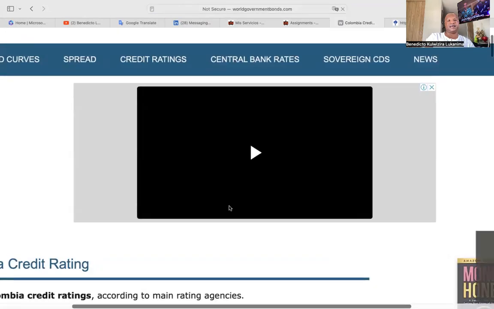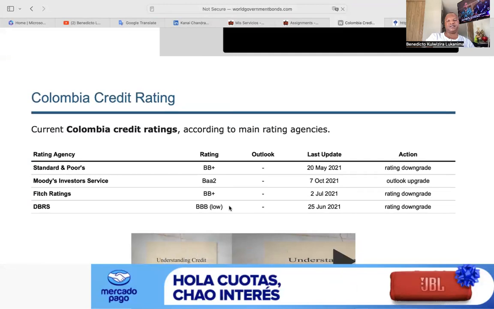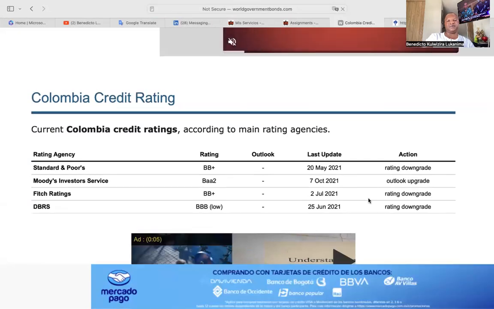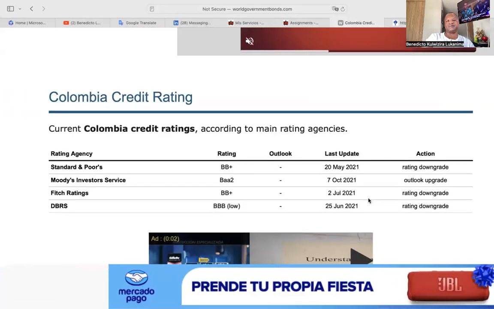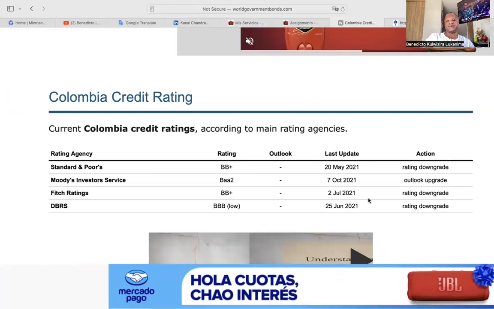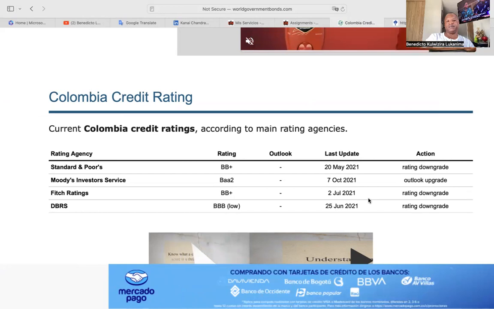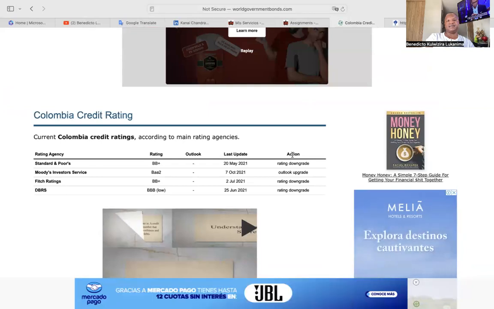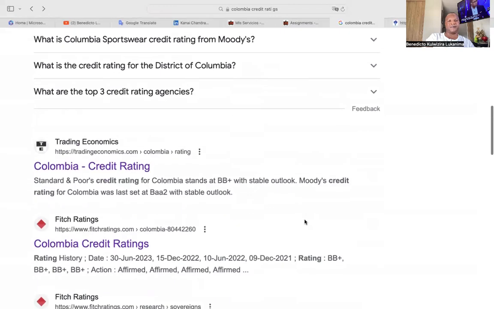And where I can find different ratings for Colombia on different dates. These were 2021, so they are not up to date. I can find the most up to date from other sources. It's very important that we apply the most up to date ratings. To my understanding, the most up to date ratings were 2023, this year.